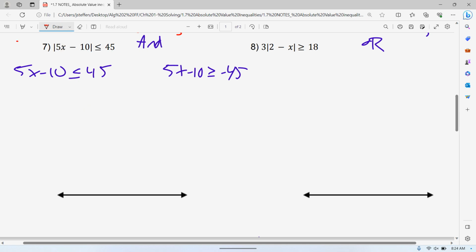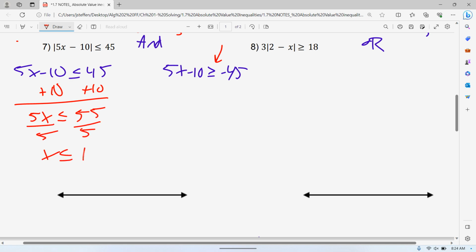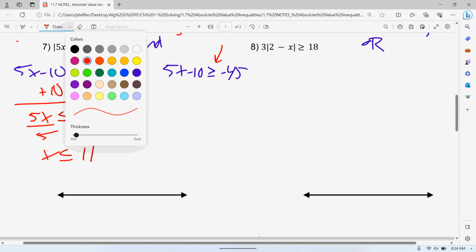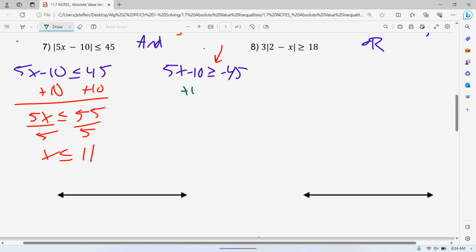So once you remember that, flipping that sign, everything else you just solve like we did 2 days ago. 5x is less than or equal to 55, divide both sides by 5. I get x is less than or equal to 11. Add 10, add 10. X is greater or equal to negative 35. Divide both sides by 5. X is greater or equal to negative 7.